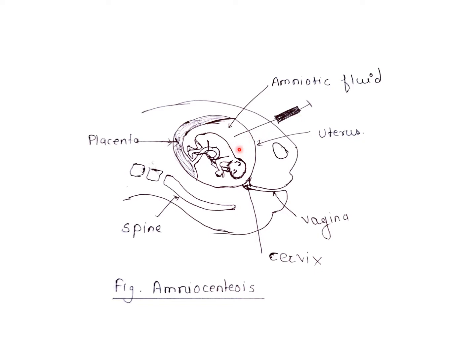Some amount of amniotic fluid is extracted with the help of the needle, and this process is under the examination of the ultrasound. This ultrasound scan will help to understand the exact position of the child so that the needle will not poke the child. Now the extracted fluid is sent to the laboratory for further study.